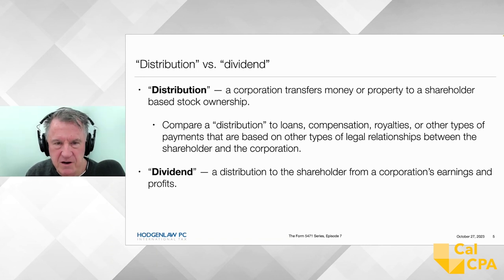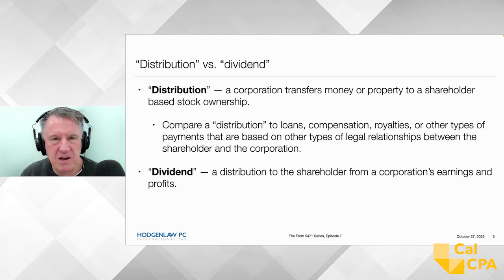A dividend is not the same thing. It's a subset of distributions. A dividend is when you look at the paying corporation and the money that you are getting in this distribution can be traced back to the distributing corporation's earnings and profits.